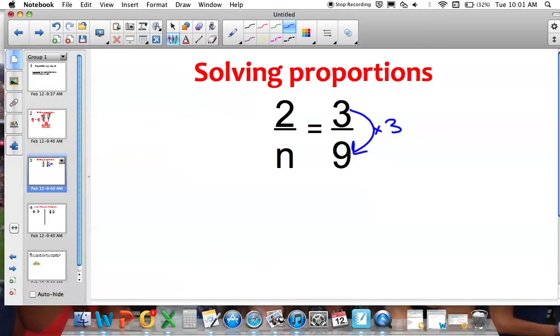So that means that 2 times 3 has to be the value of n, because the relationship between the numerator and denominator of the ratios in a proportion has to be the same. So if 3 times 3 is 9, then 2 times 3 has to be the value of n. Therefore, n equals 6.